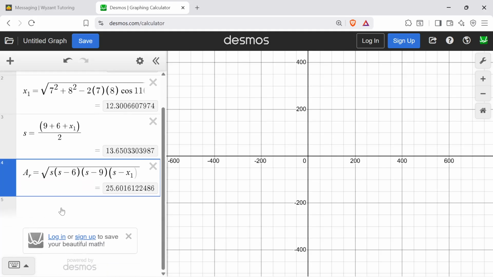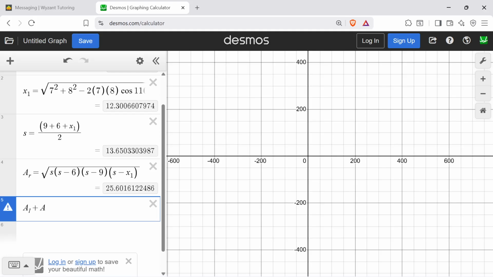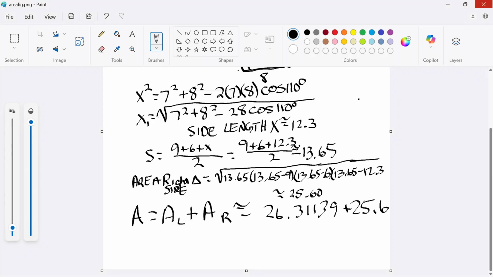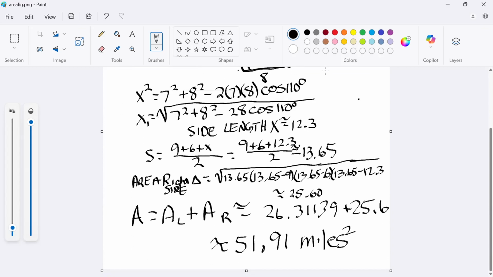Area sub L plus area sub R equals approximately 51.91. Is it in miles? Yes, it's in miles. So that's it, 51.91 square miles.